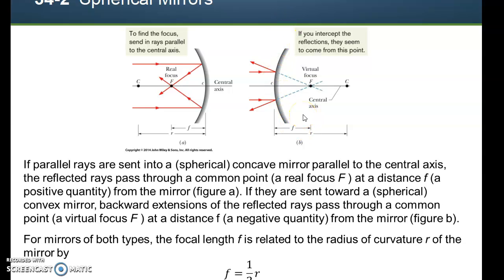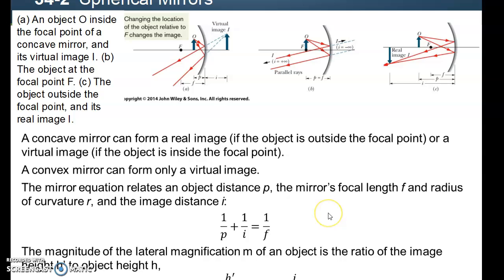Okay? So if parallel rays are sent into a spherical concave mirror, reflected rays pass through a common point, the real focus. If they are sent towards a spherical convex mirror, the reflected rays pass through a common virtual focus point at a distance f, a negative quantity, from the mirror.